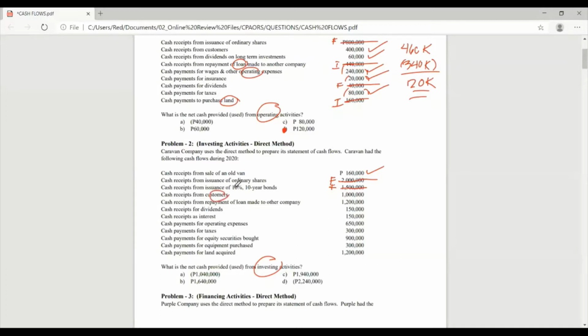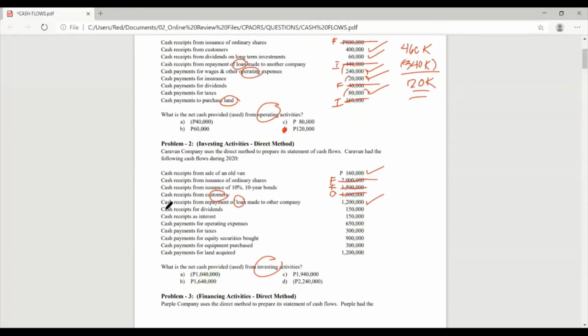Customers means operating, so disregard, this is operating. It's good to mark it so you can see what you only need. Okay? Next, cash receipts from repayment of loan made to another company. If it's repayment of loan, you received payment of what is owed to you. And since it's a loan, a non-current asset, therefore it is included.